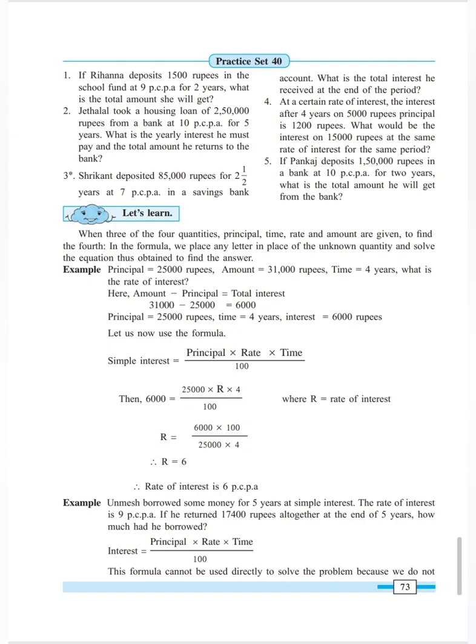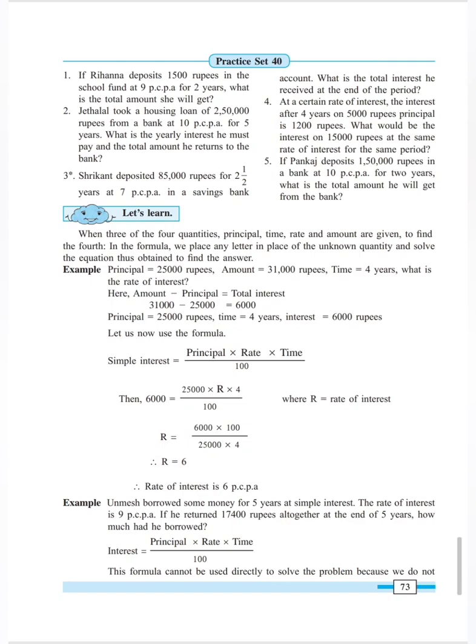So when a number from the numerator or the denominator turns to the other side of the is equal to sign, it goes upside down, from down to up or up to down. So when 6,000 is at the numerator on the left hand side, if you want to bring it to the right hand side, it will come to the denominator. Clear?